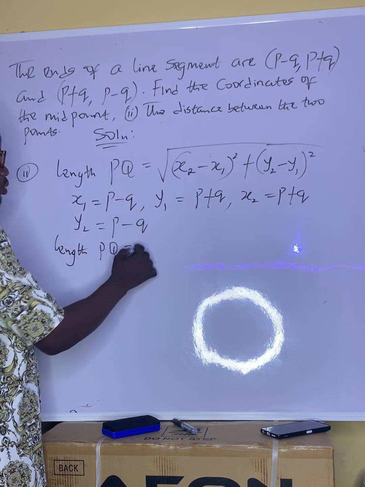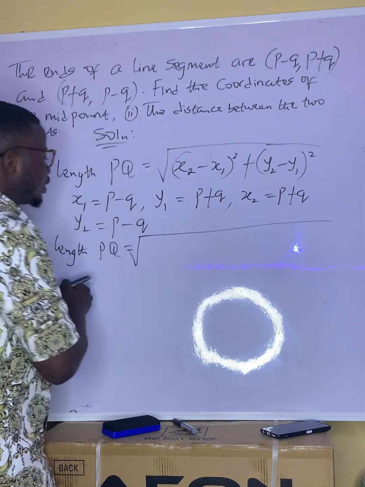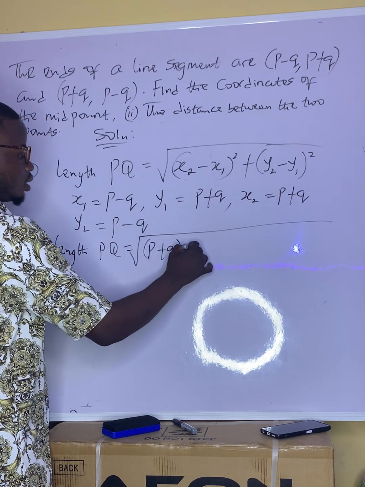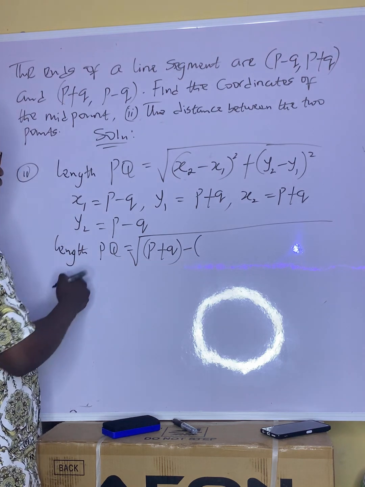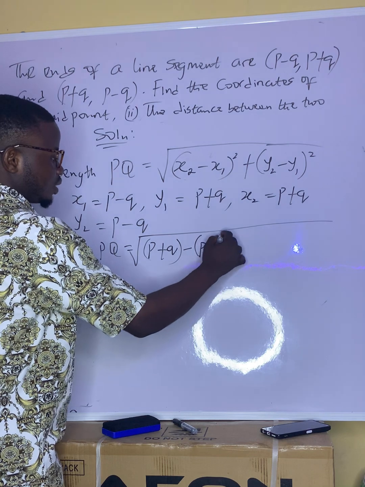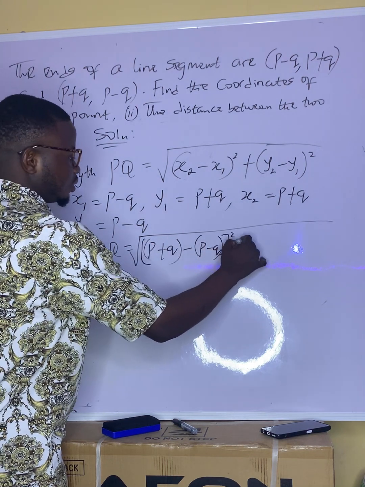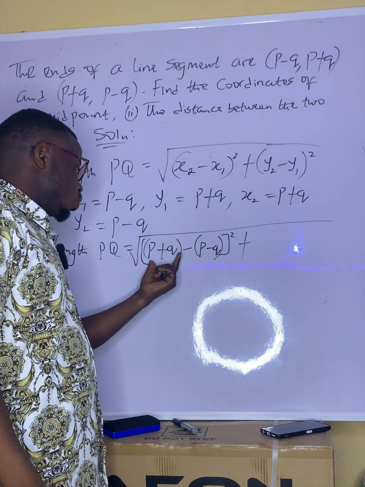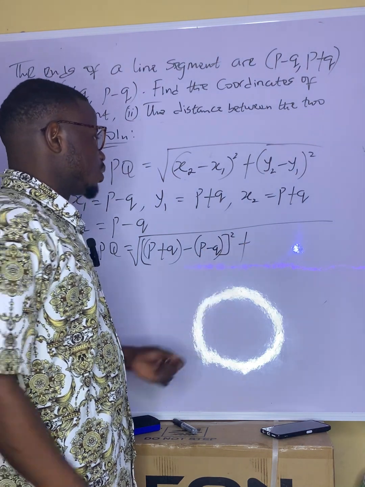So now length PQ is equal to the square root of the value of x2, that's P plus Q in brackets, minus the value of x1, which is P minus Q. So we'll square this particular one. So this one is x2, this one is x1. So x2 minus x1, everything is to the power of 2.